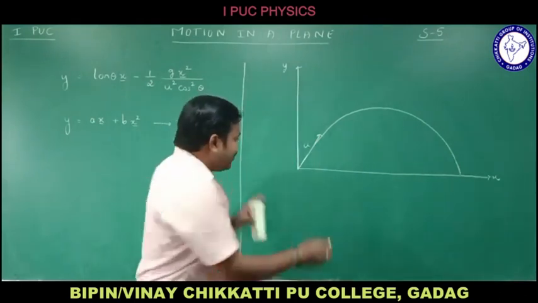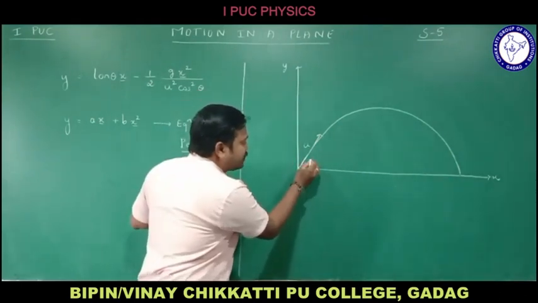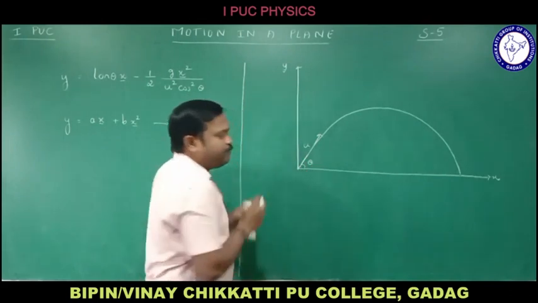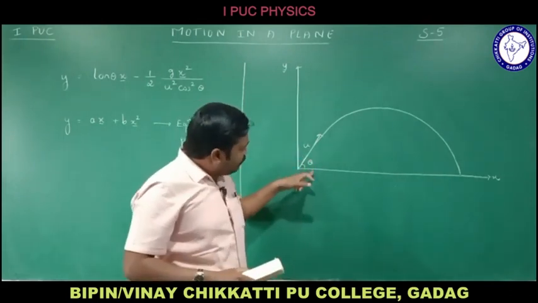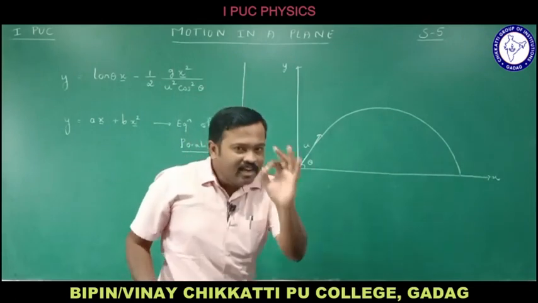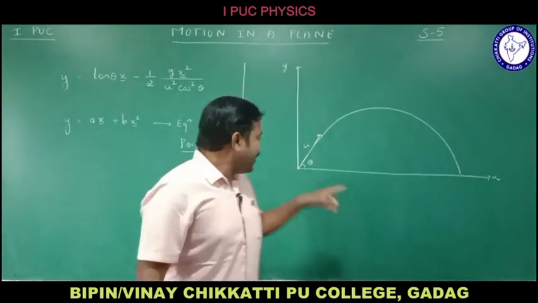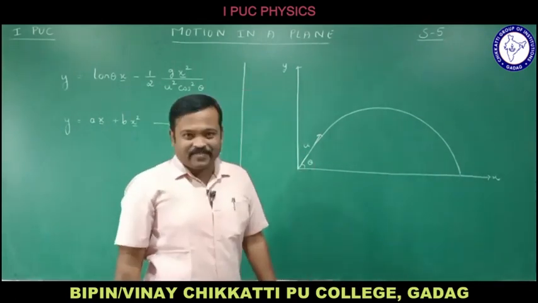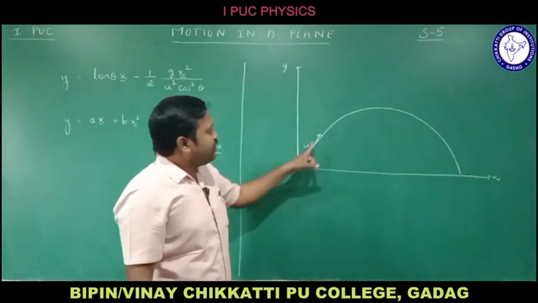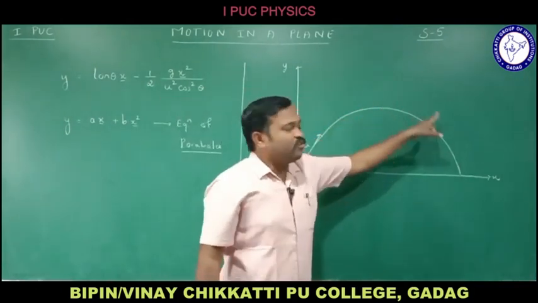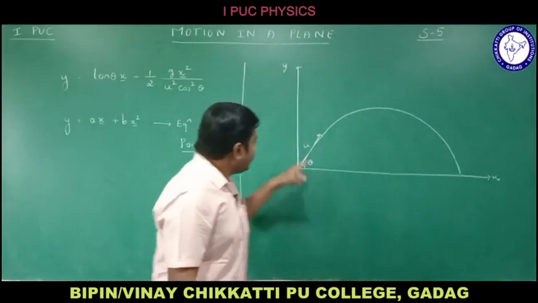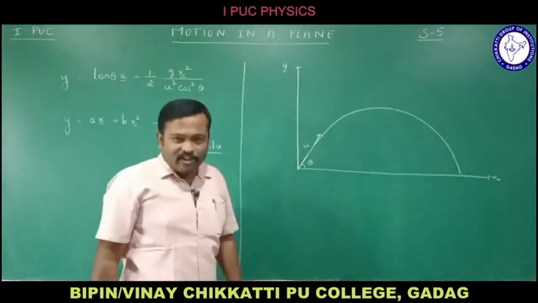The angle made by the direction of the projectile with the horizontal is called the angle of projection. Let me take that angle as theta. When the body is moving like this, the velocity is always tangential. This is the initial velocity.